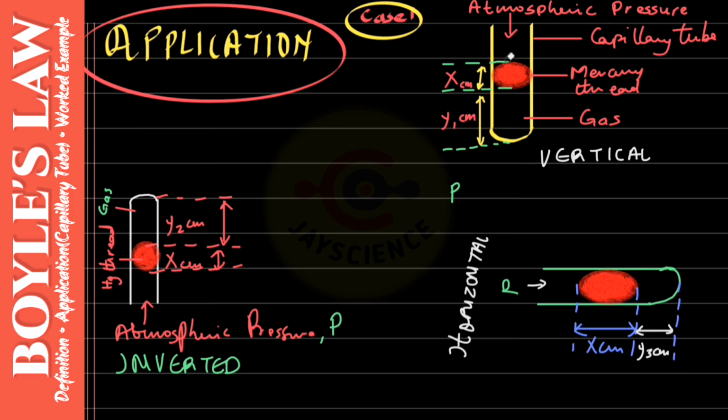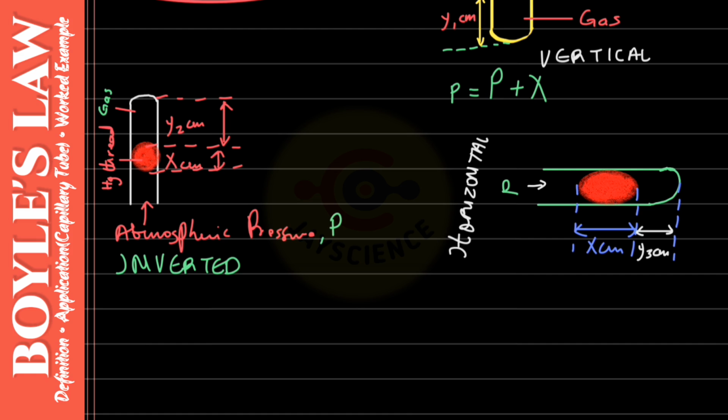So you have a closed end underneath it. When it's lying face up, that's vertical, the gas pressure, which is P, will be equal to the sum of the atmospheric pressure and the pressure due to this mercury column, that'll be X. Now if you look at the second case scenario, where you have the tube inverted, the closed end is at the top, you have the atmospheric pressure here, and the gas is trapped by this mercury thread.